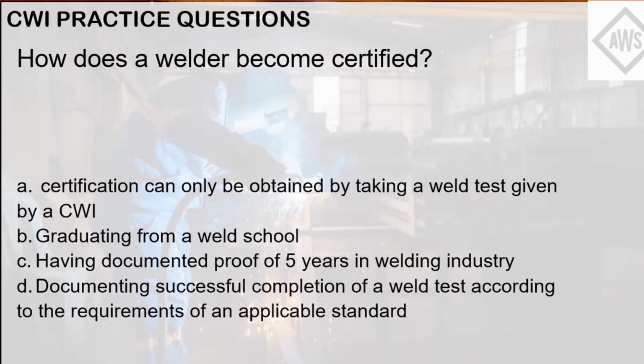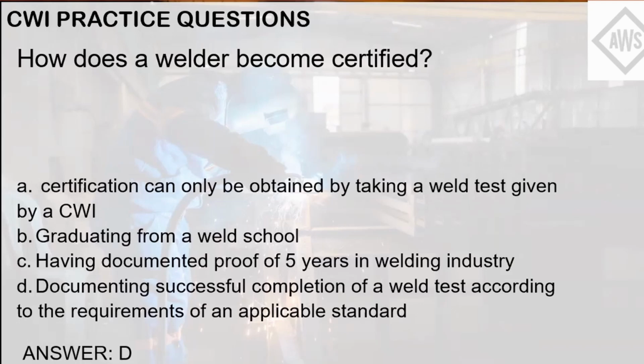Depending on what code you are in, the qualification of the welder differs. But the most common is that, as I've said, depending on the code or standard, so the answer here is letter D. The welder can become certified, for example, with ASME 9 or AWS D1.1 if he qualifies for the weld test that is specified in the standard or in the code.